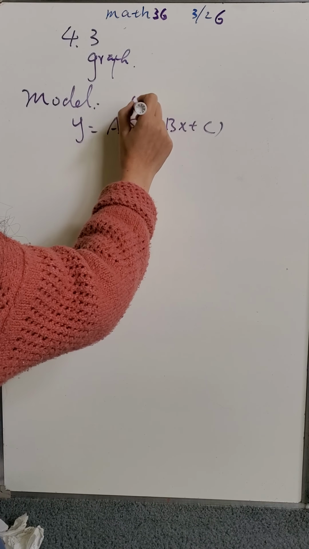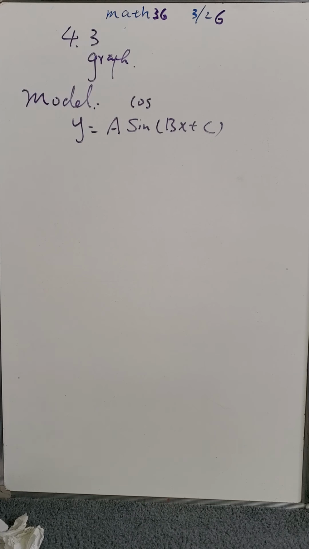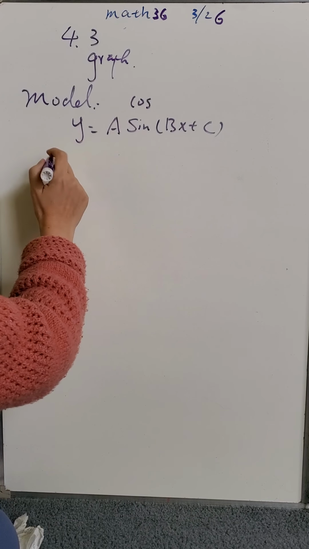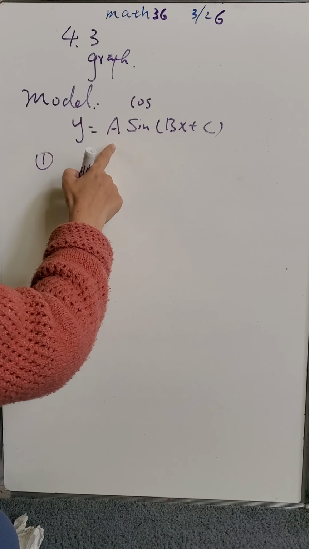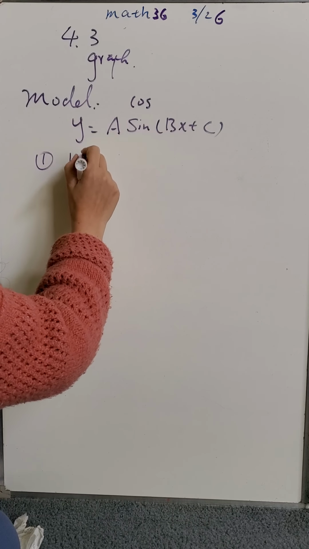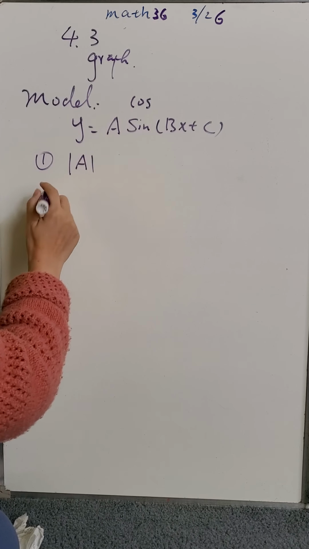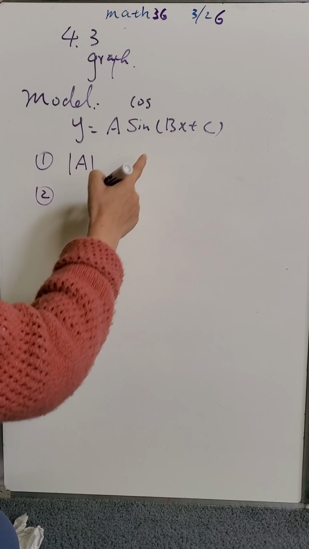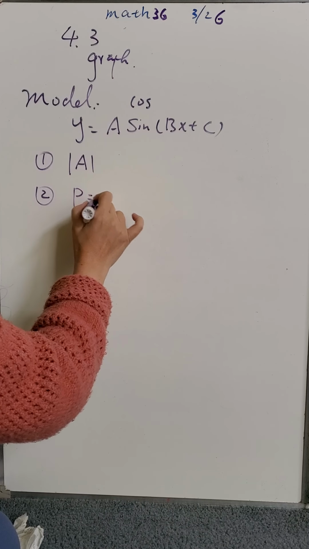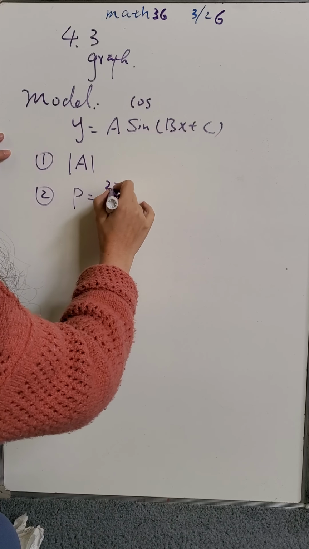And this can be cosine. Here are the steps. We're going to first find the amplitude, that's the absolute value of that number. Number two, we're going to find the period. The period is equal to 2 pi over b.